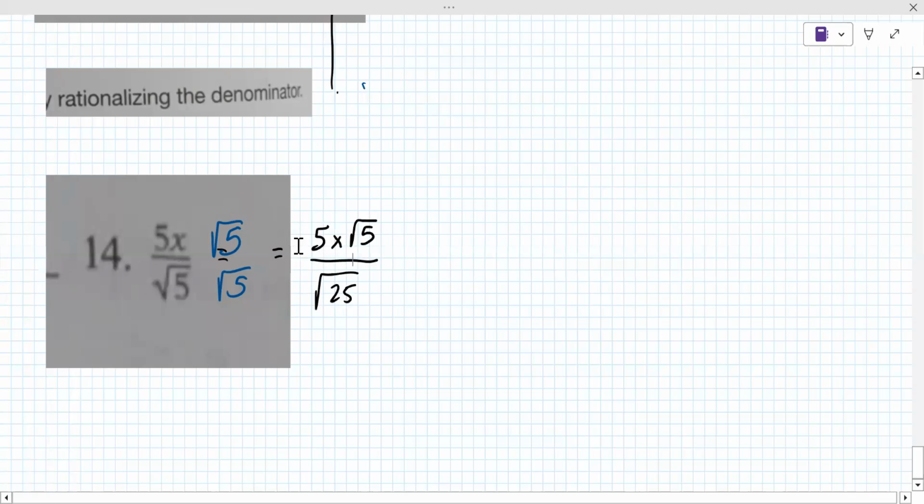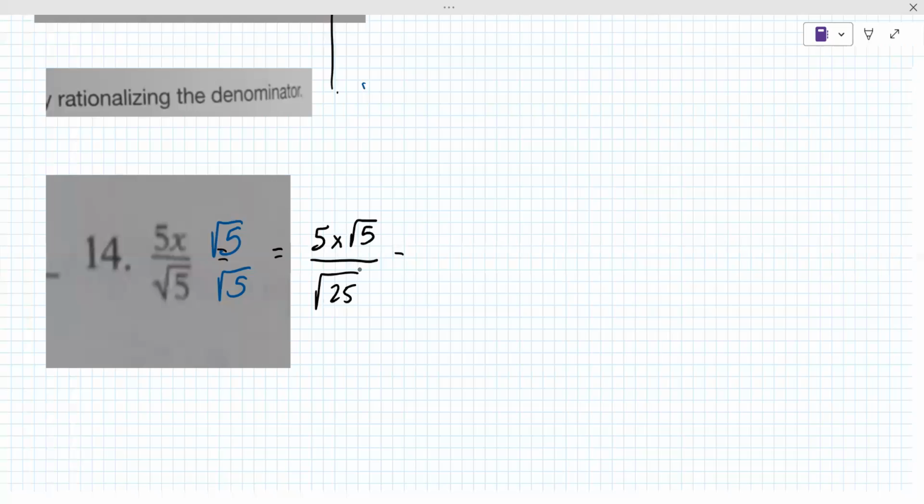What does the square root of 25 become on the bottom? 5. Now sometimes you can still reduce. The 5s would cancel and it just becomes x square root of 5.